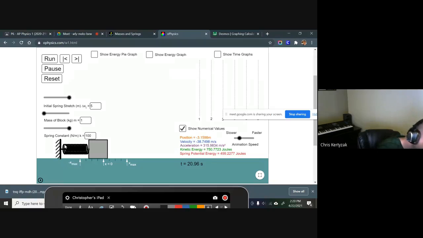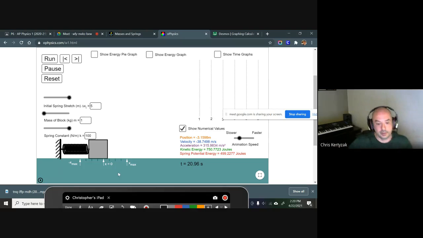Sorry, I just realized I said that backwards. Because as this compresses, the spring is actually pushing it to the right. So sorry. As it's compressing, the spring force is to the right. On the other hand, when it's stretched way out over here, the spring force is to the left, right?